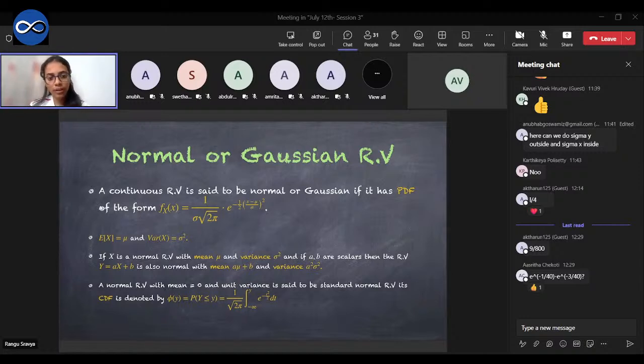Phi of y is nothing but the CDF of the standard normal random variable, which is the probability that y is less than or equal to y by definition. Just substitute sigma to be 1 and mu to be 0 and integrate from minus infinity to y to find the CDF, which will be 1 by root 2 pi integral from minus infinity to y of e power minus t square by 2 dt.